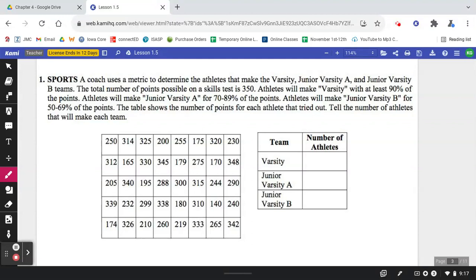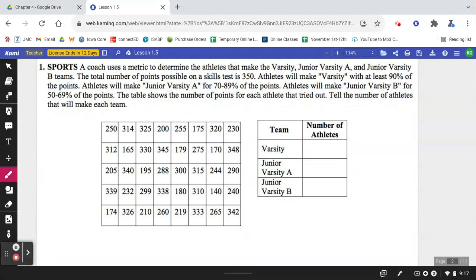And athletes will make JVB for 50 to 69% of the points. The table shows the number of points for each athlete that tried out. Tell the number of athletes that will make each team. So they already have the table and the tally chart set up for us. Go ahead and pause and put this in your notes.